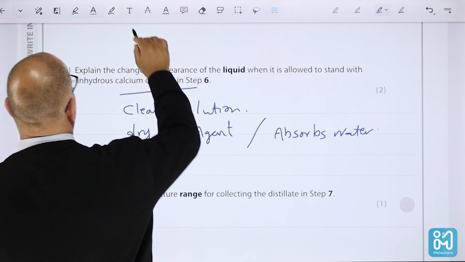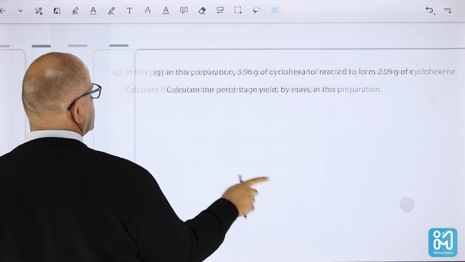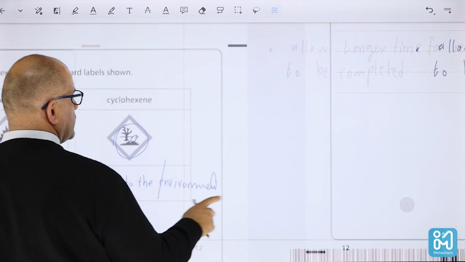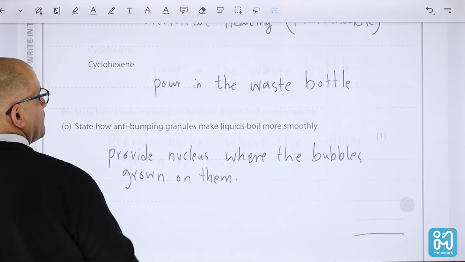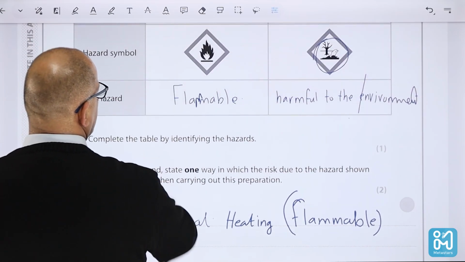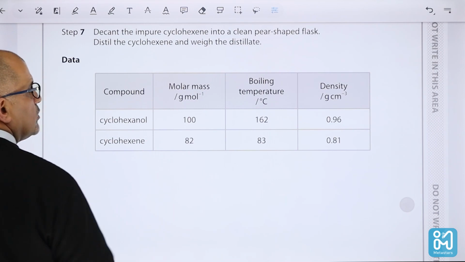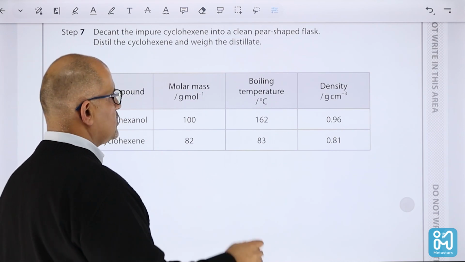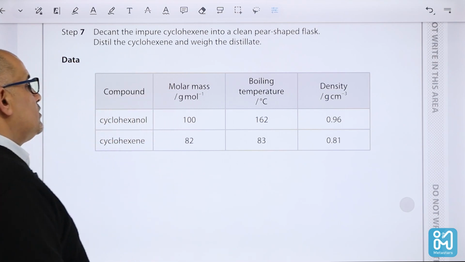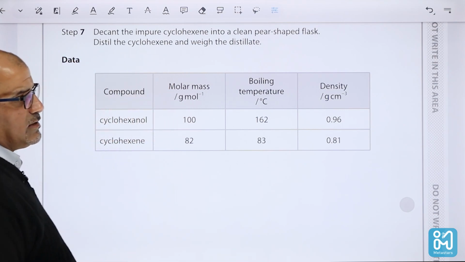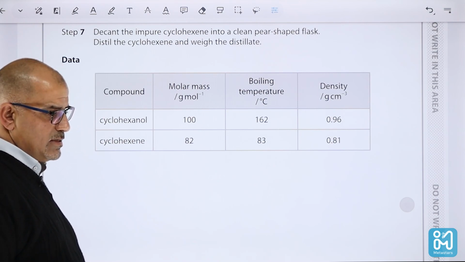Now state a suitable temperature range. If we return back to the table that describes some of the properties, you will find that the boiling temperature of cyclohexene is 83. So you will see it is 84 to 88.